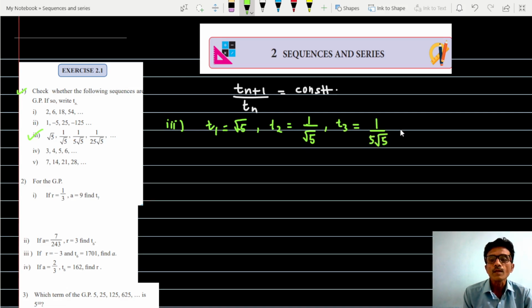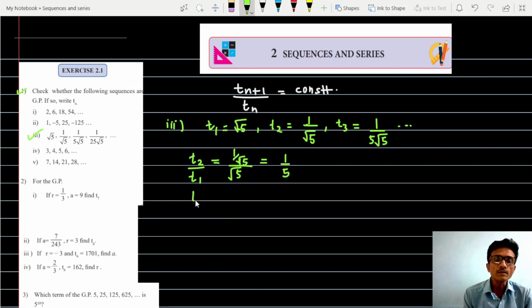Okay, and so on. So if we take the ratio of T2 upon T1, what is this ratio? T2 upon T1, so 1 by root 5 divided by root 5 gives us 1 upon 5.